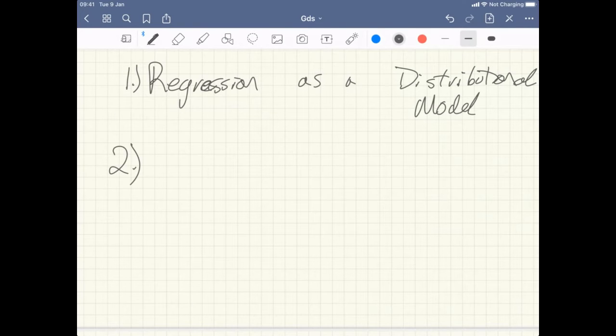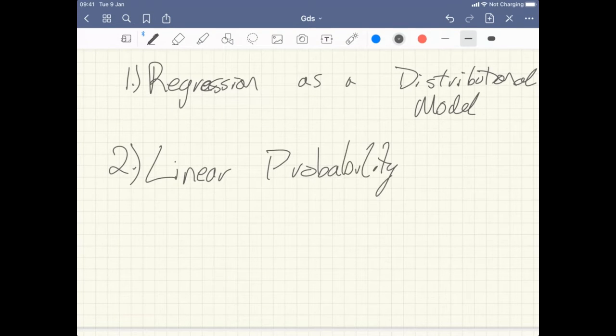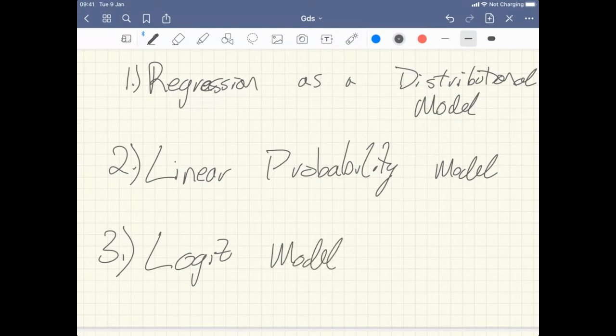And then I want to talk about the linear probability model. And then if we have time, the logit model. Okay? So those are going to be the three things that we're talking about today.